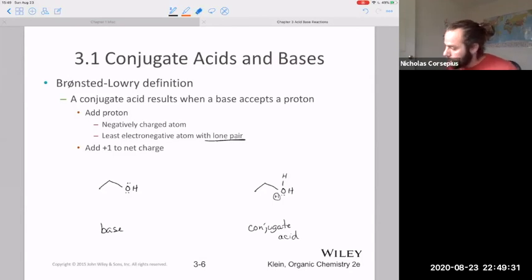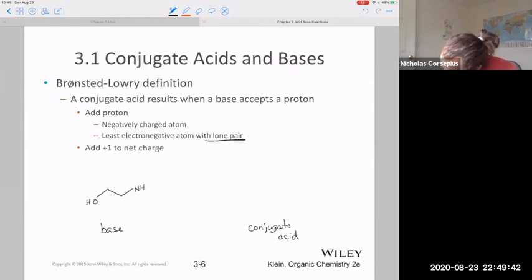Okay, so let's just do one more example here. All right, so now I got two functional groups in this molecule, an amine functional group and an alcohol functional group. So which one is going to actually be playing the role of the base? It's got to be accepting a proton. Well, again, it's going to go on the less electronegative atom that has a lone pair.